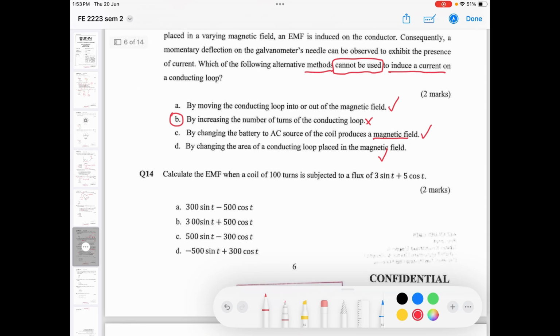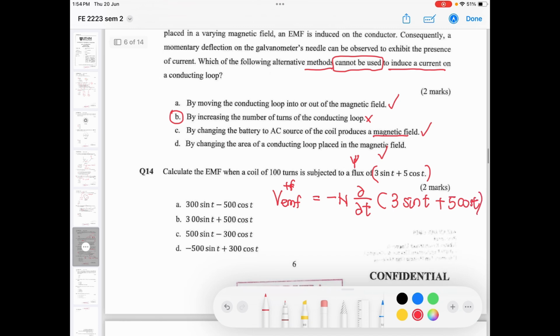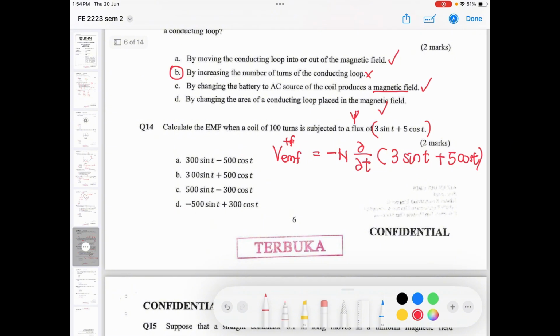Calculate the EMF when a coil of 100 turns is subject to a flux of this. Okay, flux of this is this one. So the transformer EMF will be negative N dΦ over dt. Okay, 3 sin t plus 5 cos t. Right, so you have 100 turns.